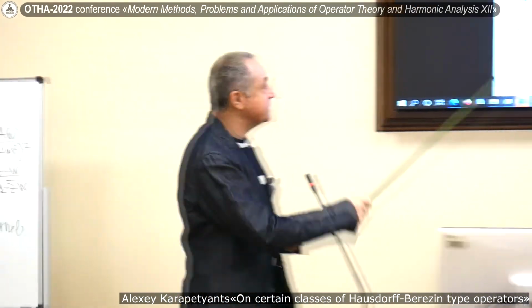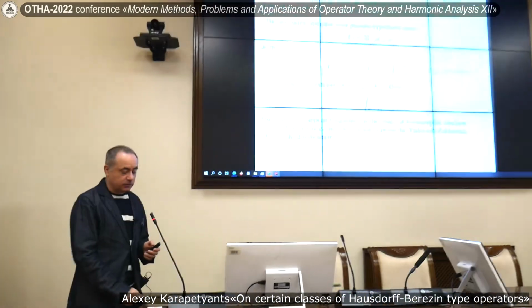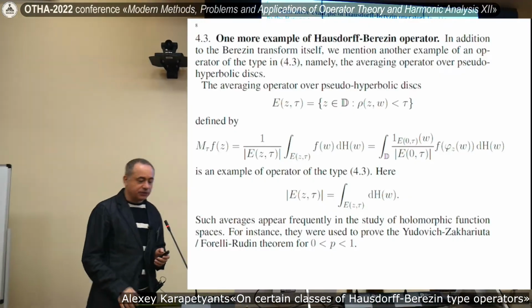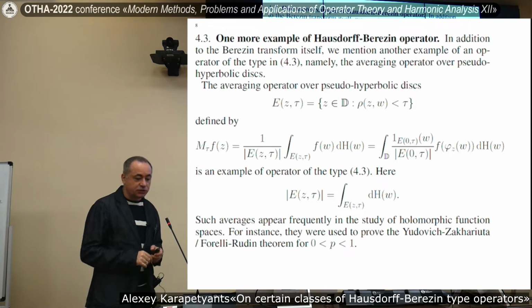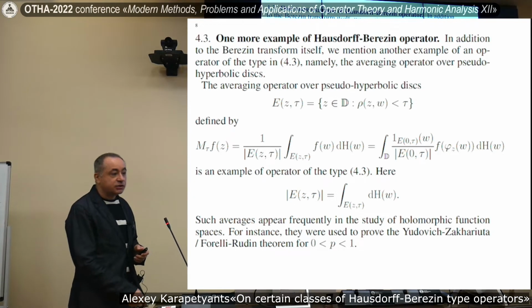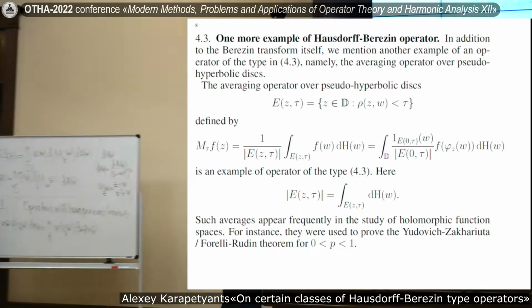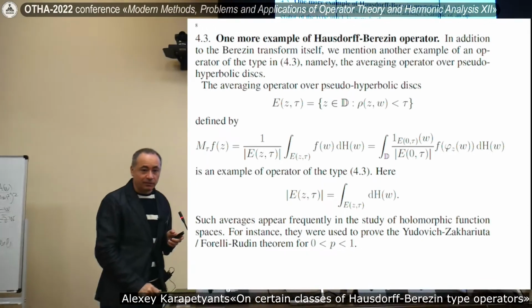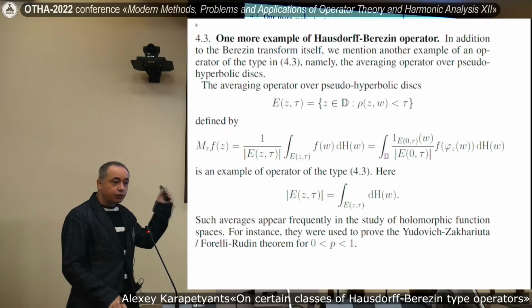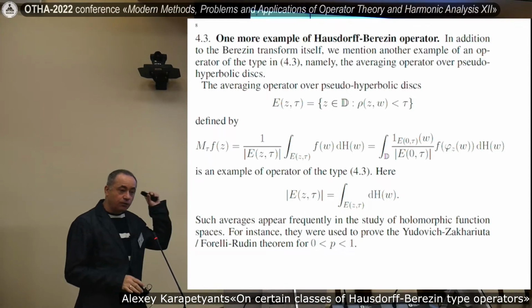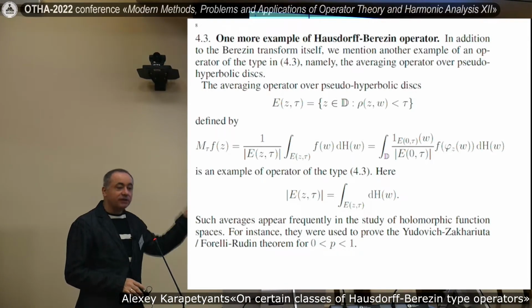So using these averages, they constructed a kind of generalization of L^p spaces in such a way that a function belongs to this new L^p space if its average belongs to the regular L^p. And they managed to prove boundedness of the Bergman projection in this new setting.